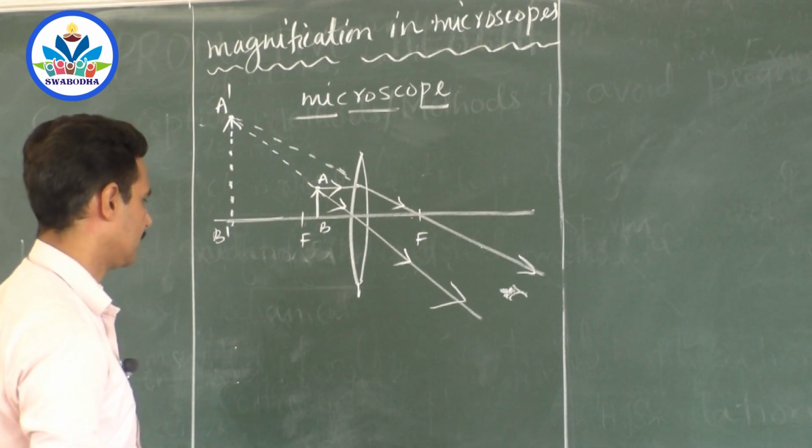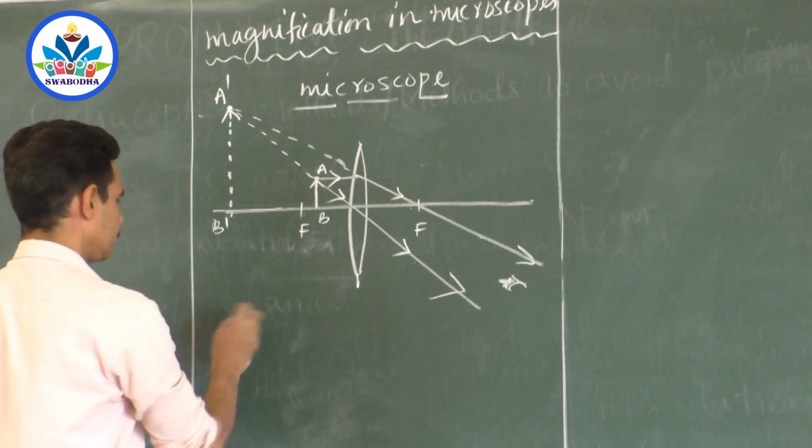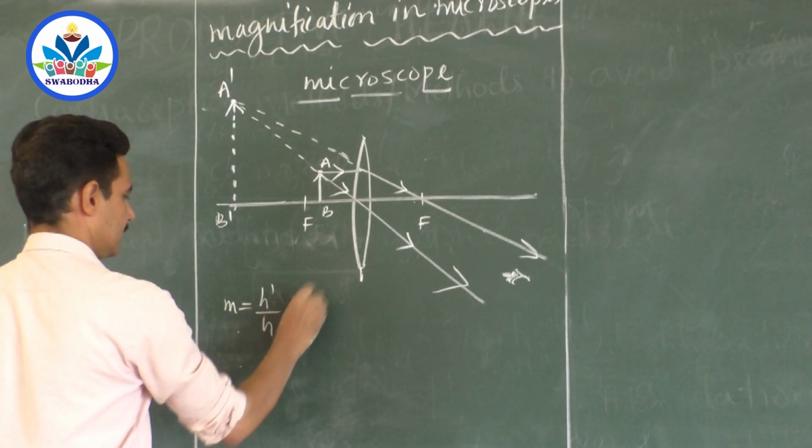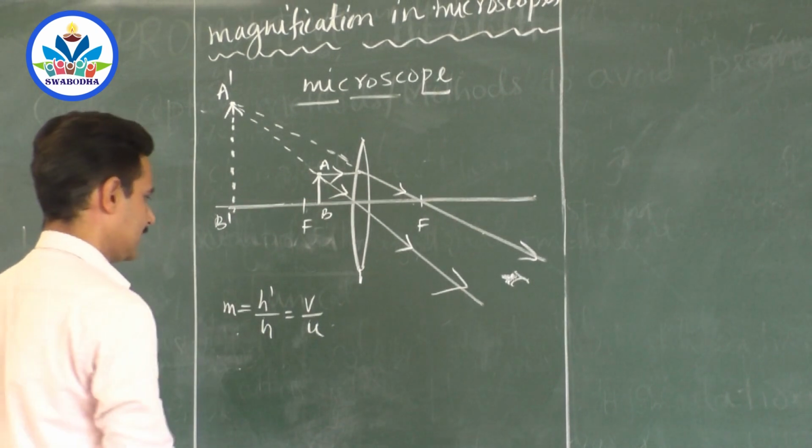If you want to know the magnification, we know that M is equal to H dash by H, that is equal to V by U. What is H dash?